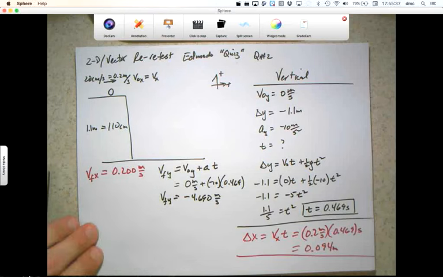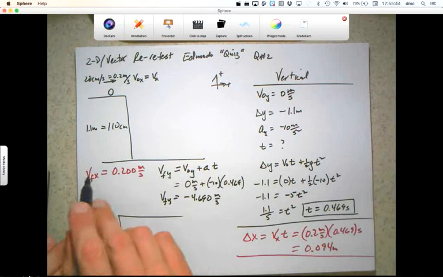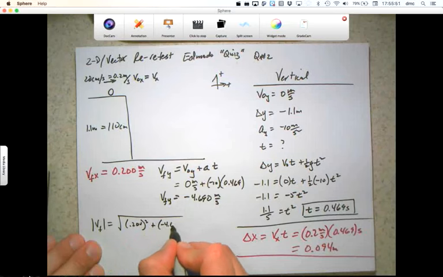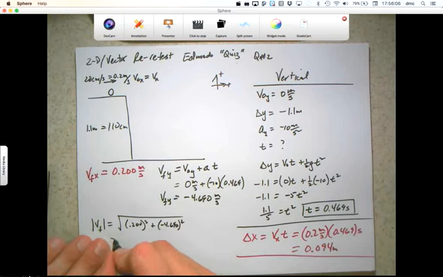So this results in the actual final velocity. The final velocity has a magnitude, therefore, of this x part squared, so 0.200 squared plus negative 4.690 squared, and then take the square root. So that's the square root of 0.2 squared plus 4.69 squared, which is 4.694 meters per second, rounding to 3 decimal places.